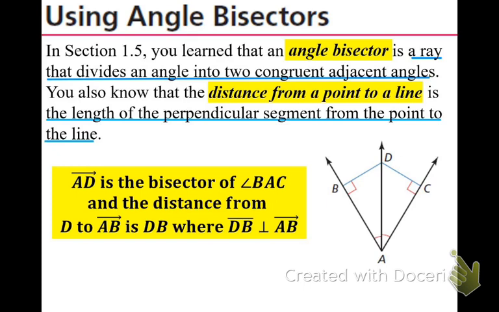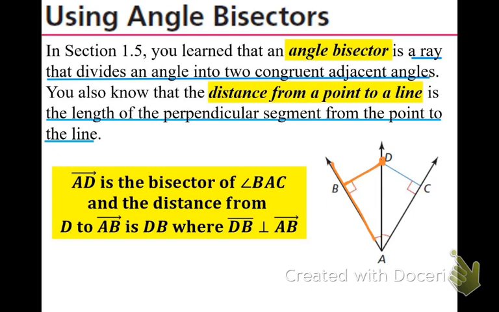If you wanted to find the distance from the point to the ray, it's perpendicular, because if you're finding the distance to something, you go straight there. You need to find the shortest distance, okay? And in order to do that, it's a perpendicular segment.